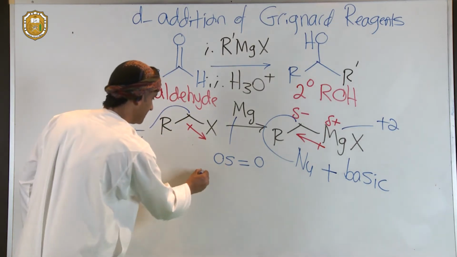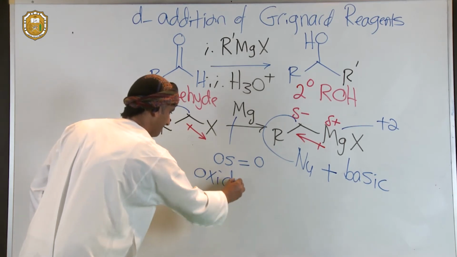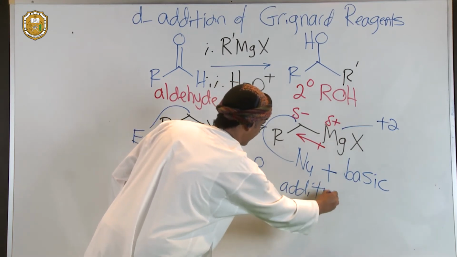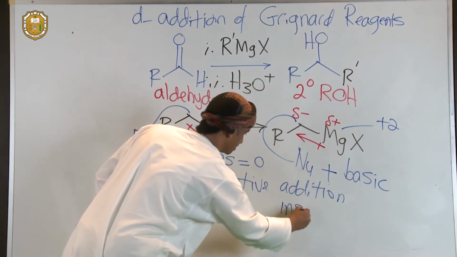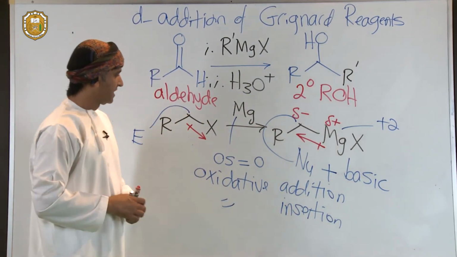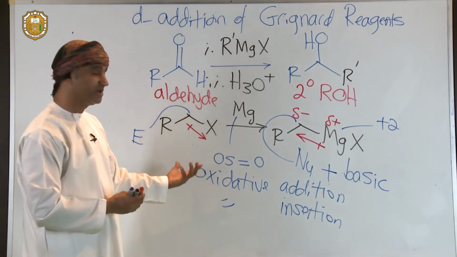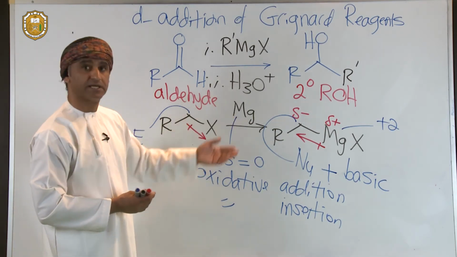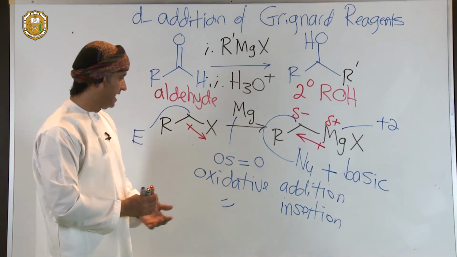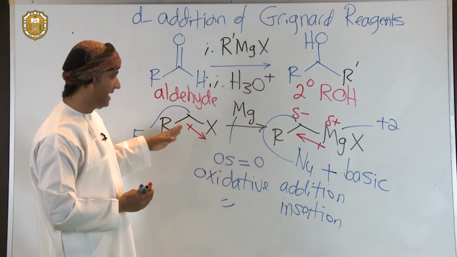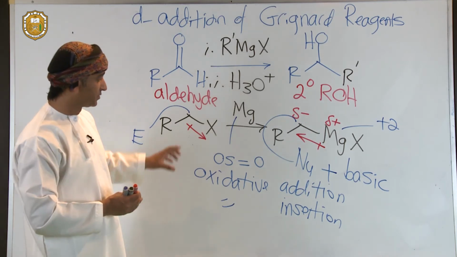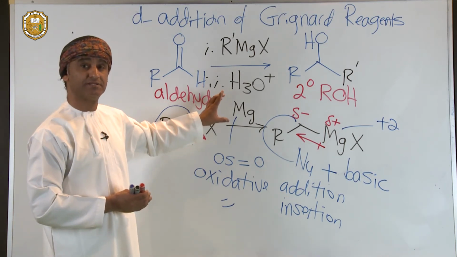Therefore, this reaction is called oxidative addition or insertion. It's called oxidative because the oxidation state of magnesium has increased from 0 to +2, and it is called addition or insertion because magnesium got added between carbon and X. So it is really crucial for magnesium to be in the elemental form.